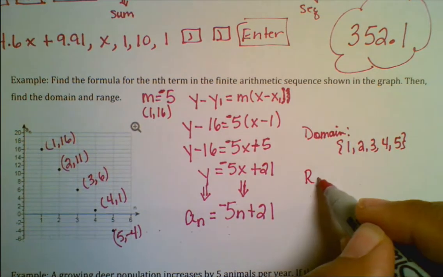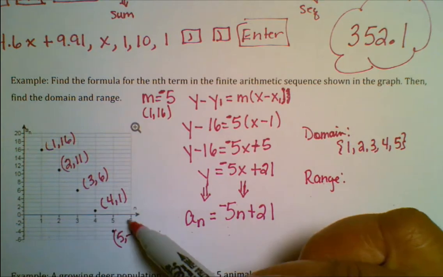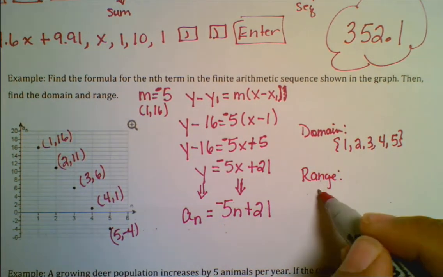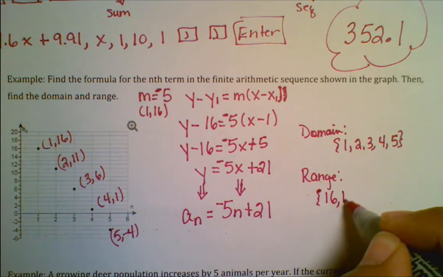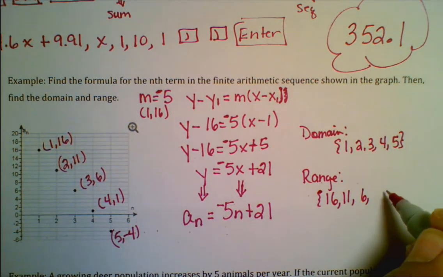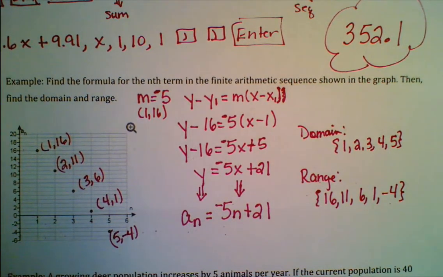And then your range will be all of the y coordinates of your ordered pairs. So that will be 16, 11, 6, 1, and -4. That's how we would find our domain and range.